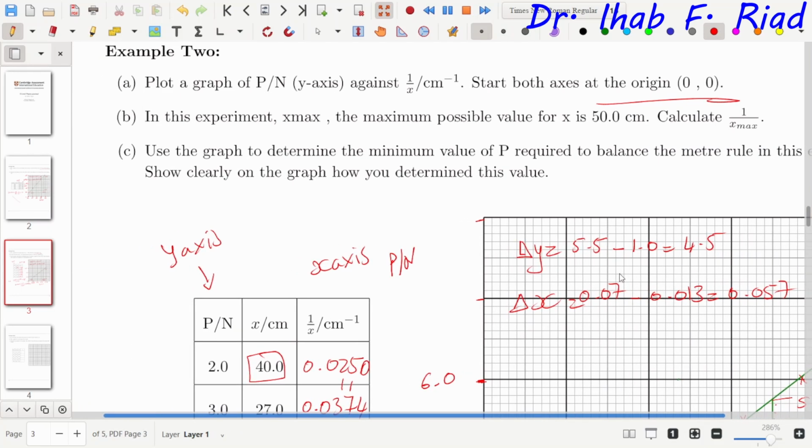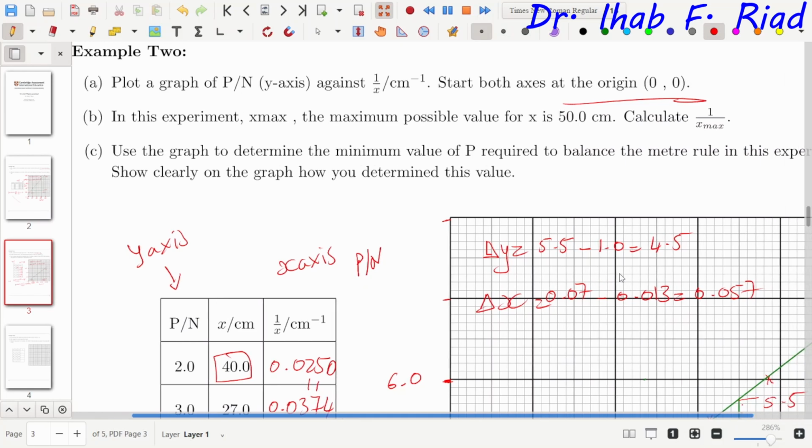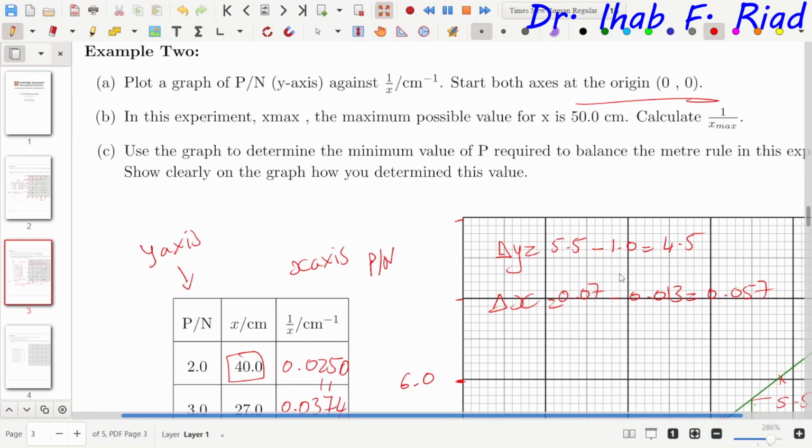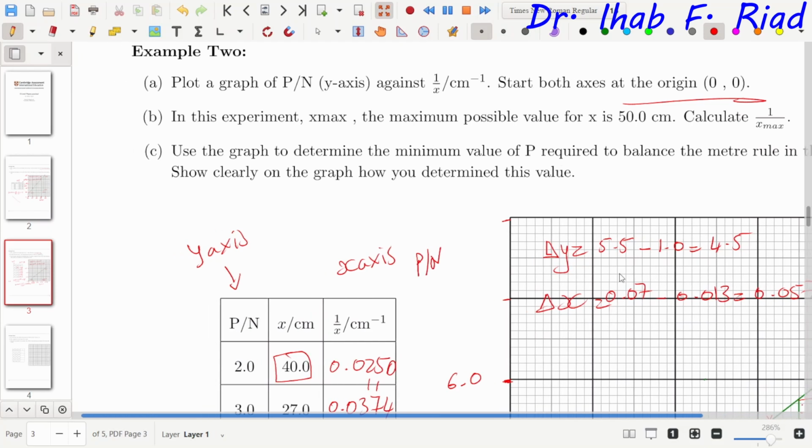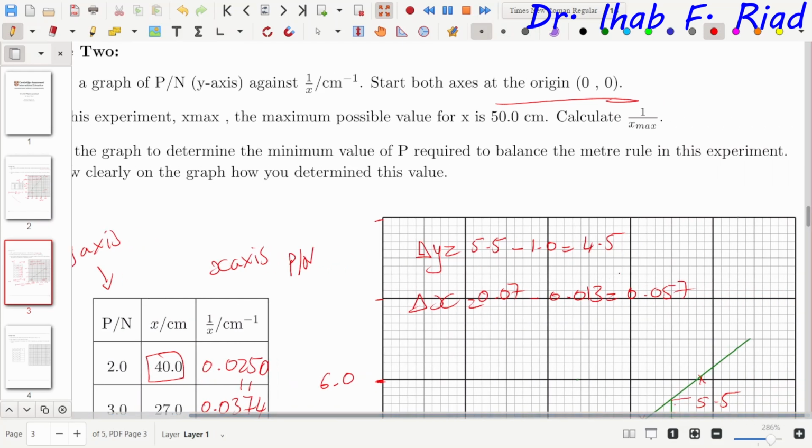We are asked to use the graph to determine the minimum value of P required to balance in this experiment. The maximum possible value for x is 50 centimeter. Calculate 1 over x max. X max is equal to 50 centimeter.